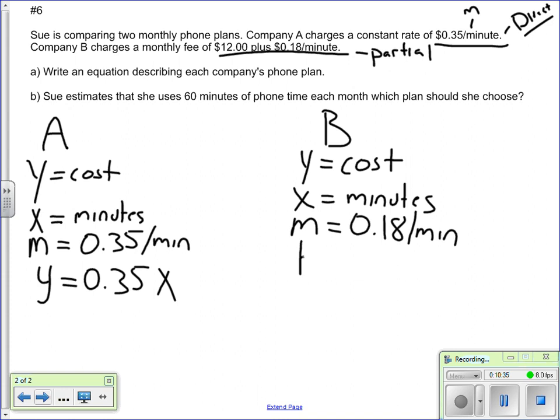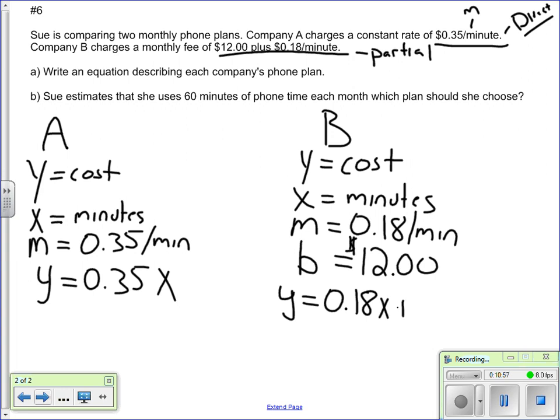The flat rate is a b, and the flat rate is $12. Okay, so when I write this formula, I have to put the b in. So this formula says that y is equal to 0.18x plus 12.